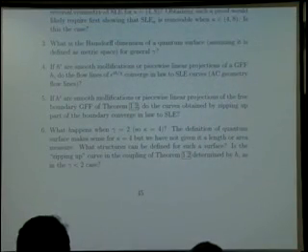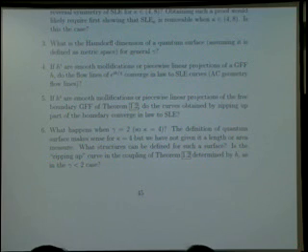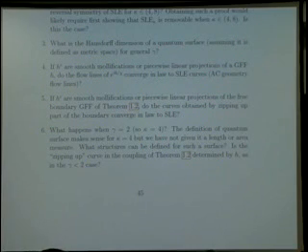Okay, next question is, what happens when gamma equals 2? So kappa is equal to 4. So in that case, my definition of quantum surface makes perfect sense. So remember how I defined quantum surface?